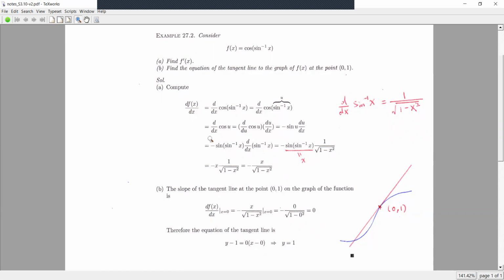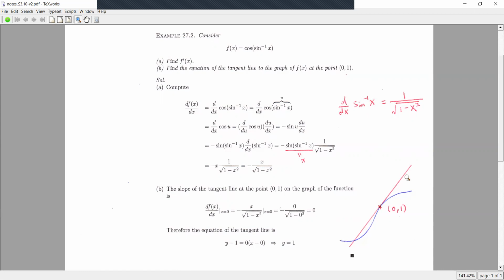In part A, we have computed the derivative of the function. Now, to tell the slope of this tangent line, plug in 0, the x coordinate of this point, in the derivative. Then we have 0. So the slope of this tangent line is 0.